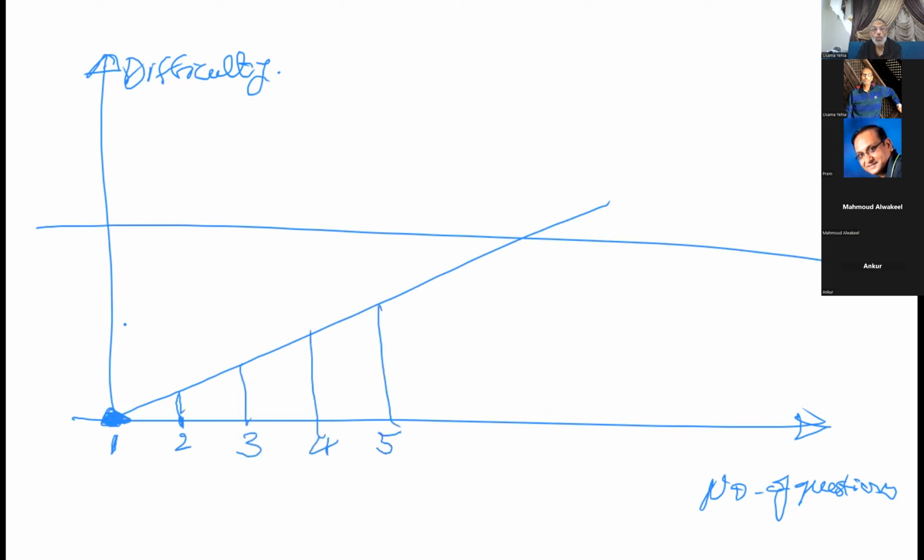What will happen if in question number 2 or 3 you answer incorrectly? Then it is moving like that, but it will go down again for question number 4. Then it will start to increase. What will happen if you answered multiple questions wrong?